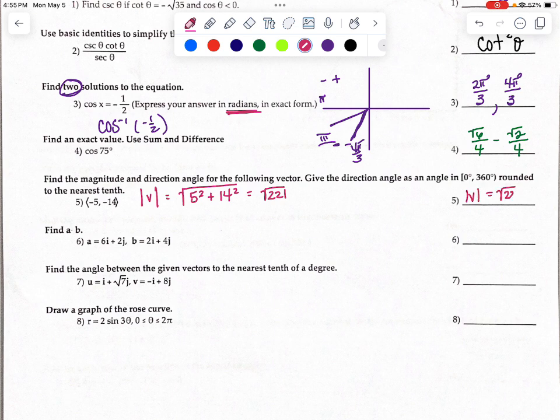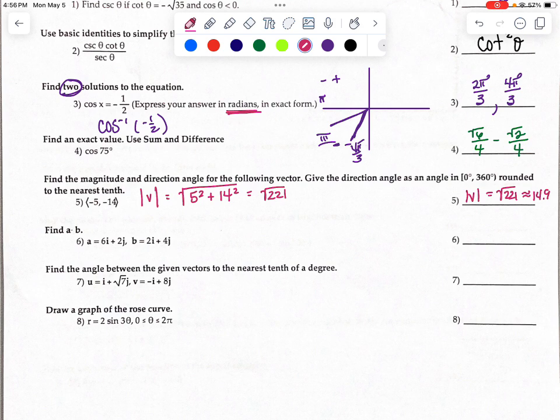If you wish to round it, you're welcome to do that. It doesn't give directions on rounding the magnitude, but if you do, you get 14.9. That is the magnitude, that's the length of that vector. Now, the direction angle is just SOHCAHTOA, right?